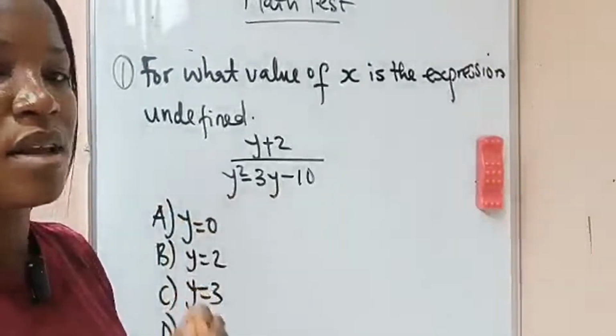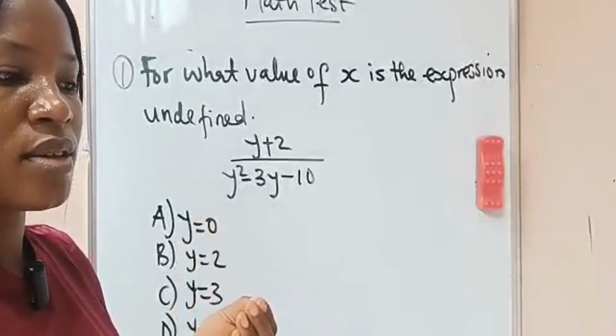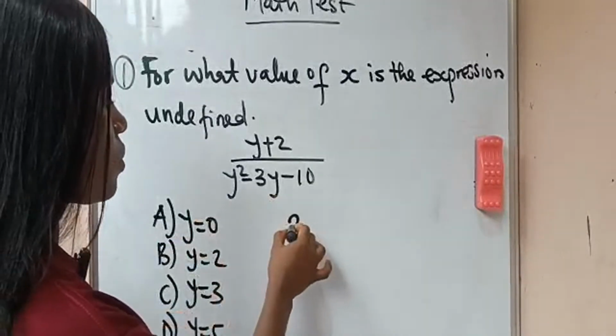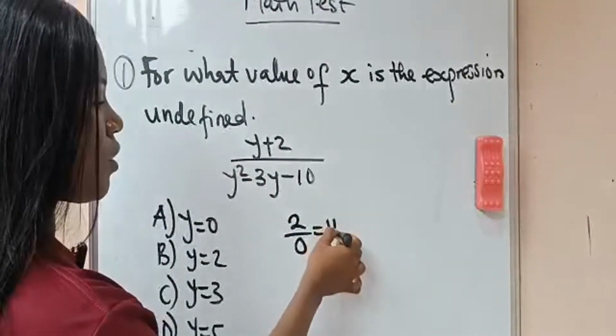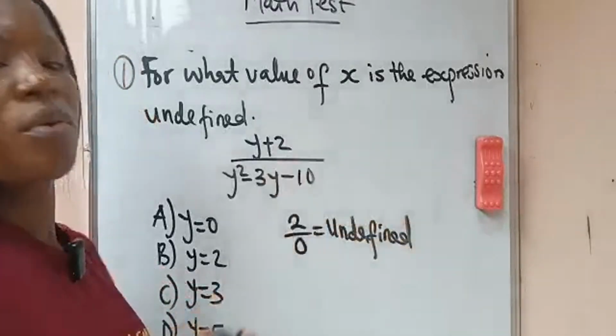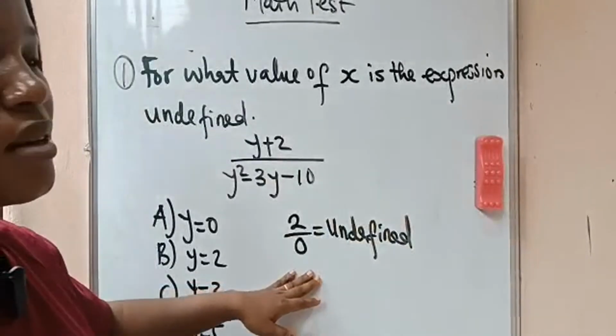Remember that anytime you type any number divided by 0 on your phone or calculator, for example 2 divided by 0, you are going to get a math error. It means that the answer is undefined.